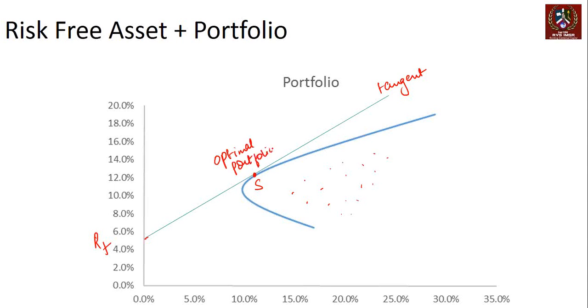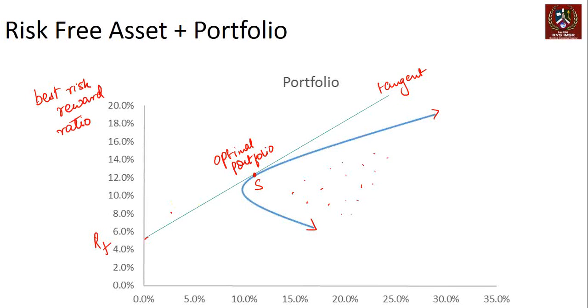Note that this is the market portfolio and this could have a combination of the stocks in various weights, but this is the portfolio that essentially gives you the best risk reward ratio, and we'll understand what is the best risk reward ratio.